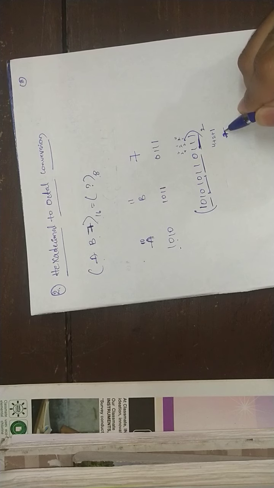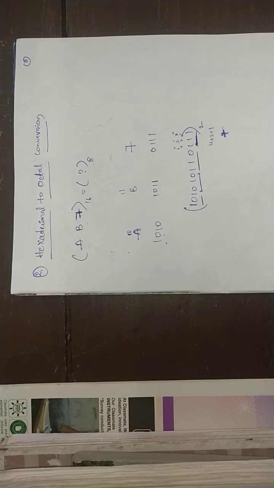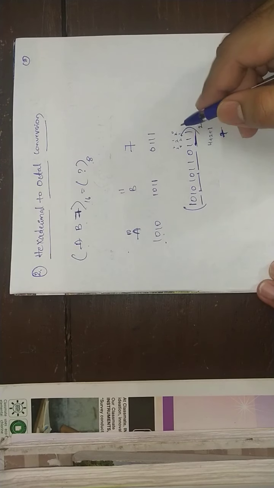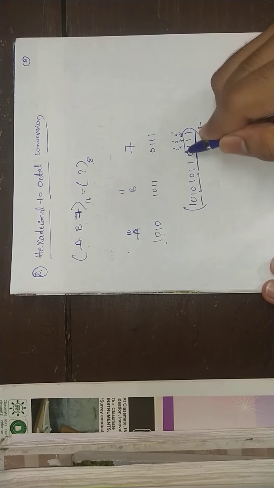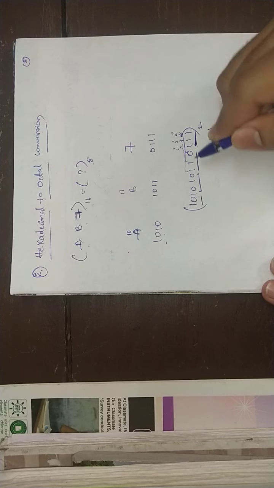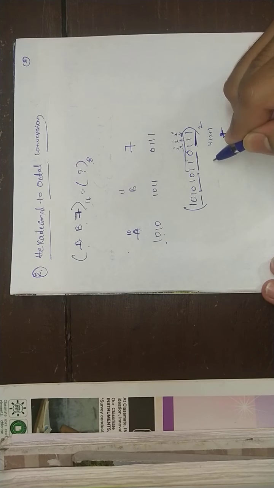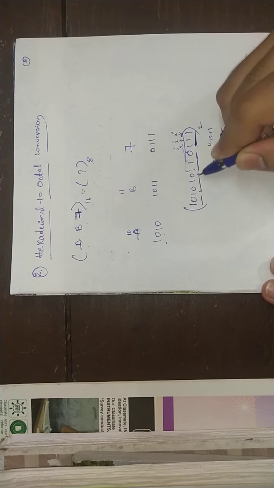The same applies for the next three digits: 4 plus 2, its value is 6.